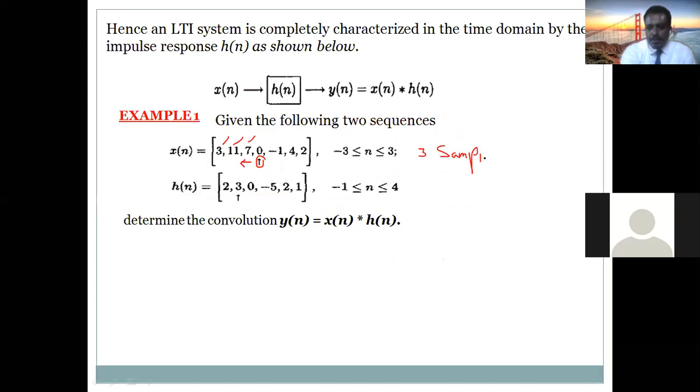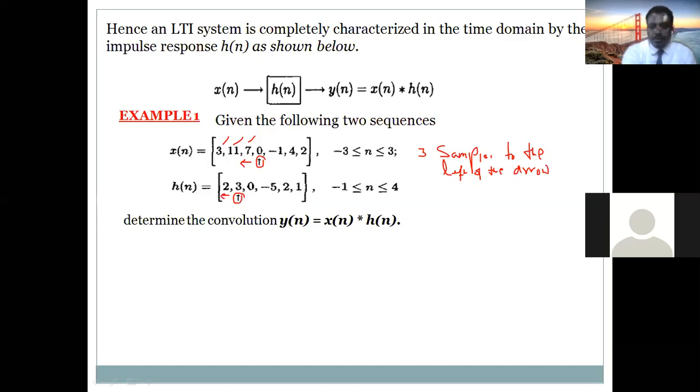3 samples to the left of the arrow. For the input, how many? For the left of the arrow, we have 3 samples, right? For impulse response, this here is the arrow. So how many samples to the left?